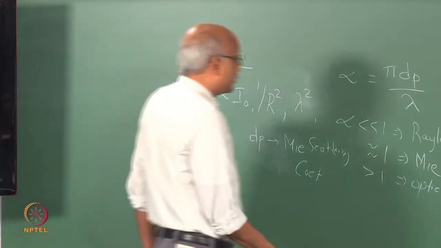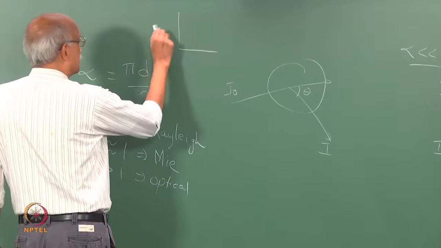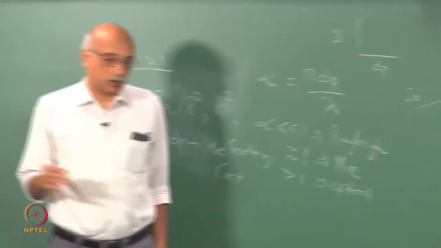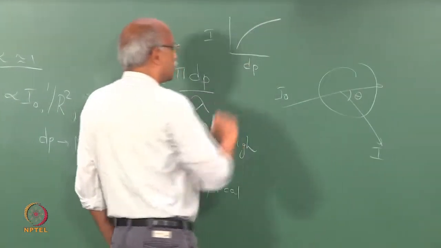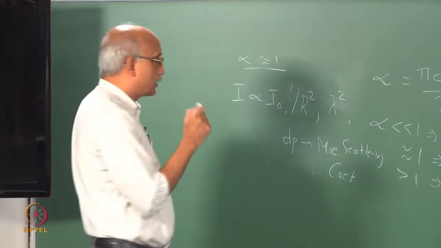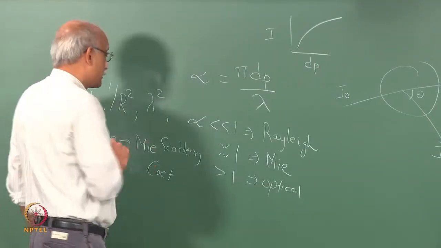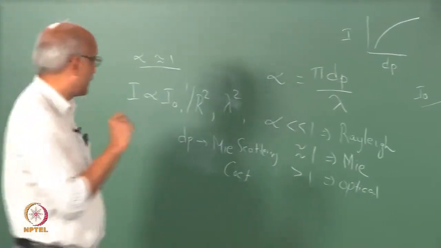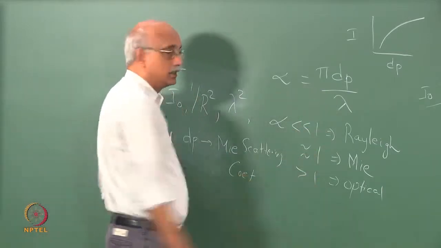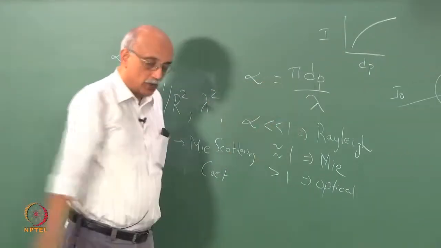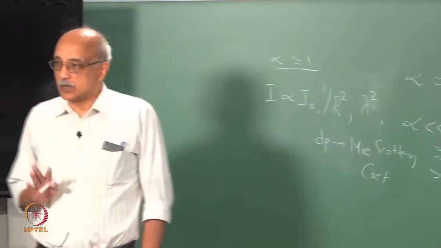So, if you plot I versus dP, we have seen before that I goes as 1 over dP to the power 6, but that dependence is not so obvious particularly in that Mie regime, which is a size range that is, if you actually look at this expression pi dP over lambda, again assuming that lambda is of the order of 0.6 to 0.8 microns, dP that is of the order of 0.1 to 0.5 microns.